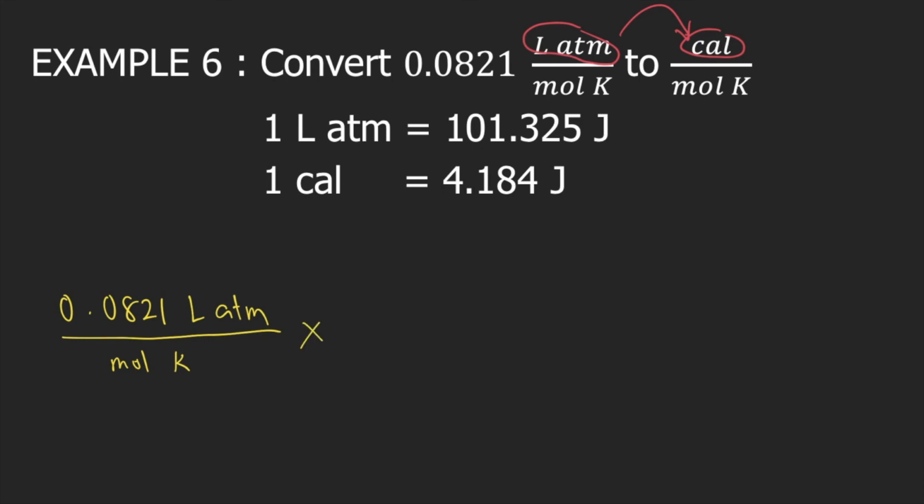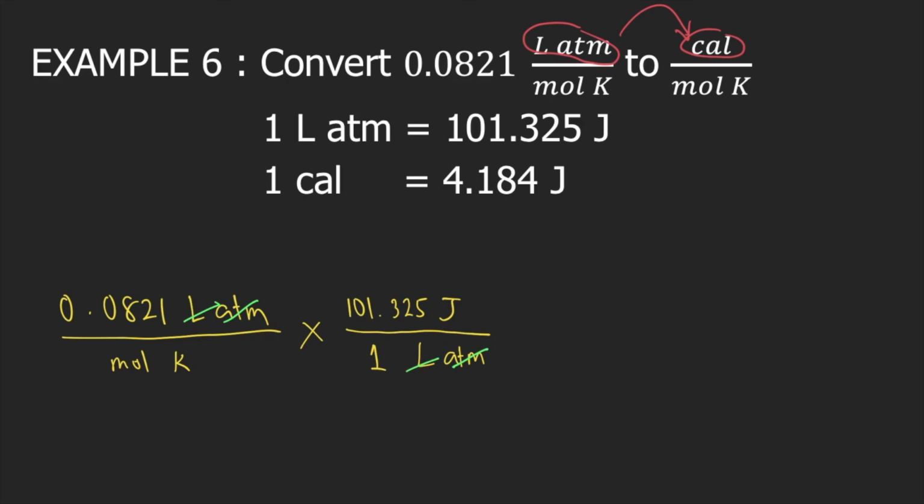So what you can do is to convert first liter atmosphere to joules. So you put liter atmosphere on the bottom and on top you put joules. So 1 liter atmosphere is equivalent to 101.325 joules. So liter atmosphere cancels out.